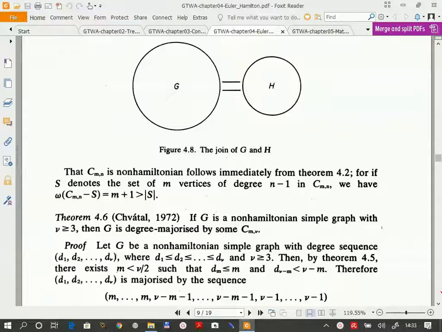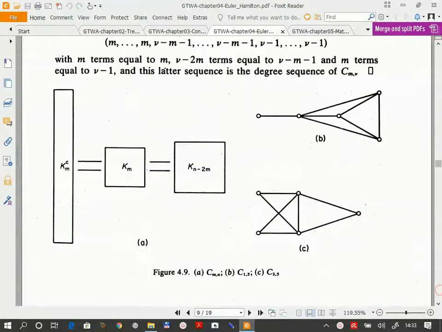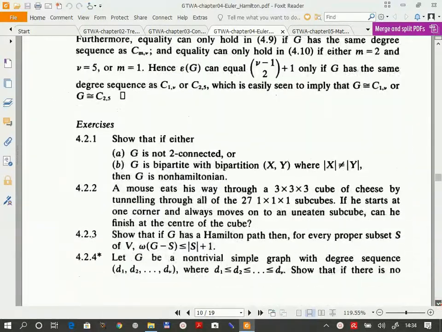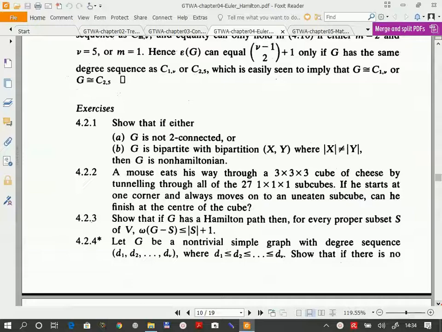But let's see the Chinese postman problem, which is not the problem of the Chinese postman, but it's the Chinese problem of the postman. Okay, meaning that it was at first considered by a Chinese mathematician.